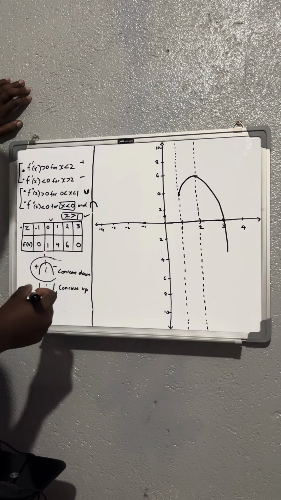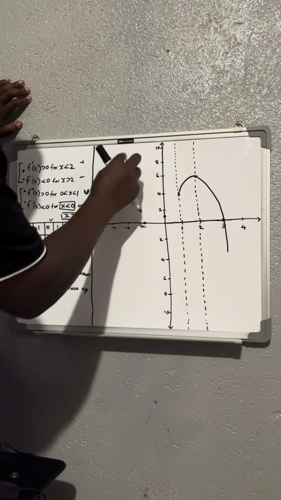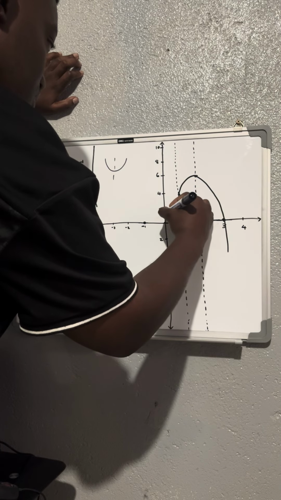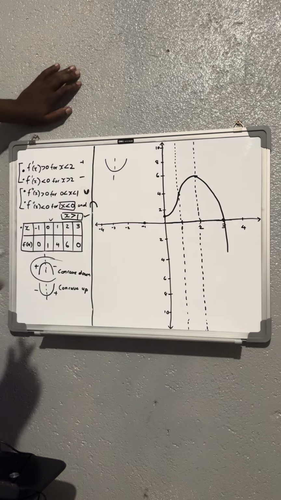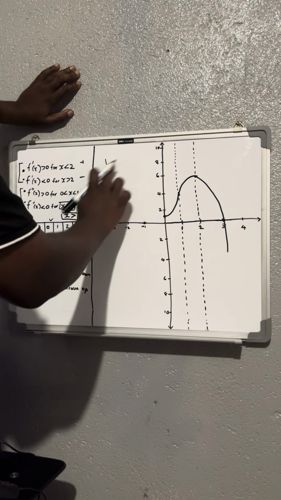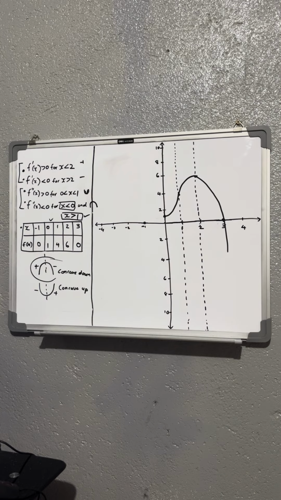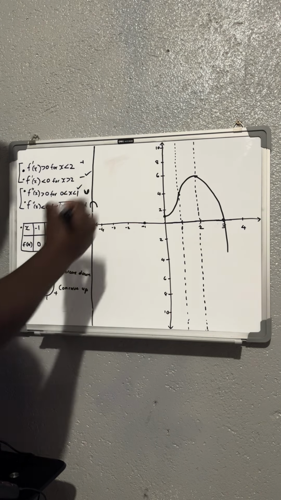So if I'm having concave up like this, I'm just going to be taking this portion. So I'm going to be having something that looks like that. So this one I've done, this one I've done.